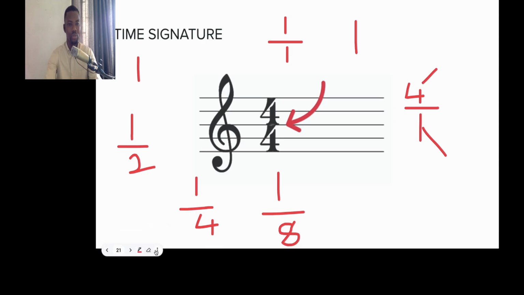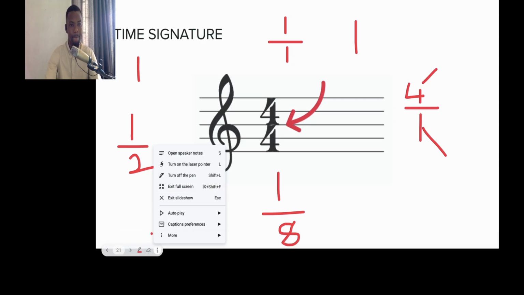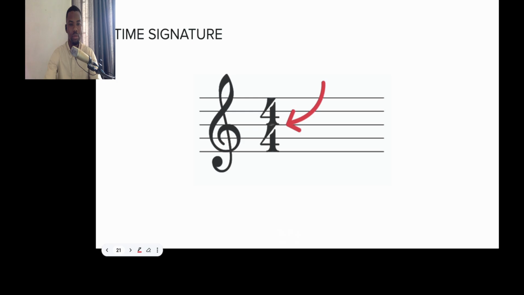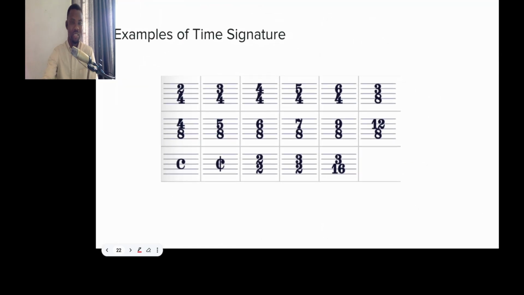So let's go on to other examples of time signatures. Right here, we see different kinds of time signatures. So from the knowledge of the last slide, let's now answer these questions. Like I told you, the numerator signifies the number of notes, while the denominator signifies the type of note. If you see 1/2, it means a half note.